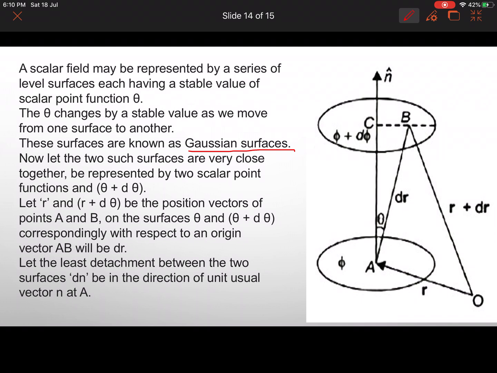Now let two such surfaces be very close together, represented by the scalar point functions theta and theta plus d theta, and let r and r plus dr be the position vectors of points A and B. In the diagram we are showing them separated greatly, but they are very close.